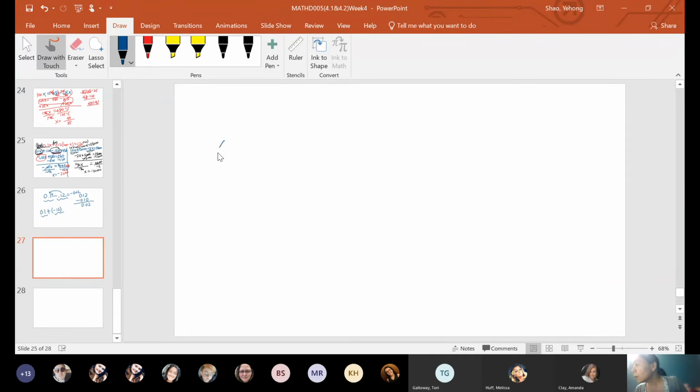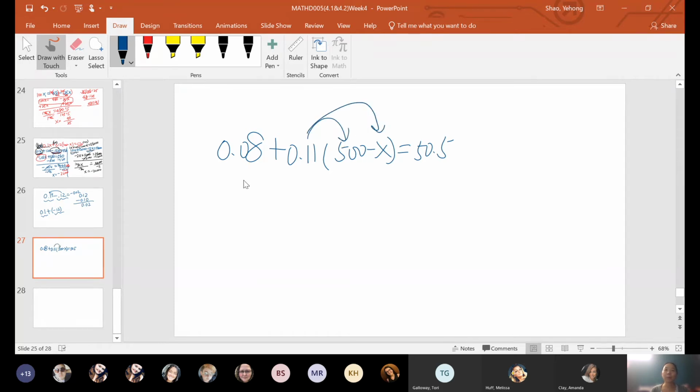I'll do 0.08x plus 0.11 times (500 minus x) equals 50.5. Okay. Let's try to keep the decimals for now, see if you have trouble. So first I'm going to distribute that, 0.11 times 500.